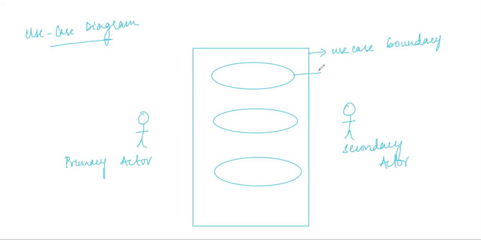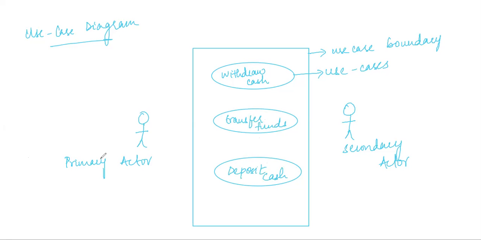Now these oval shapes are called your use cases. Now within these use cases, the first task is withdraw cash. The second is transfer fund. Then the third one is deposit cash.